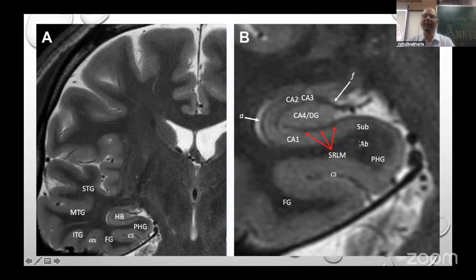In the zoomed image you can see the subiculum, and then you can see all the layers called stratum, SRLM being the short form of it, and it continues as CA1, 2, 3. This dark line that you are seeing is the alveus, which continues here as the fimbria, and the fimbria will connect into the fornix.